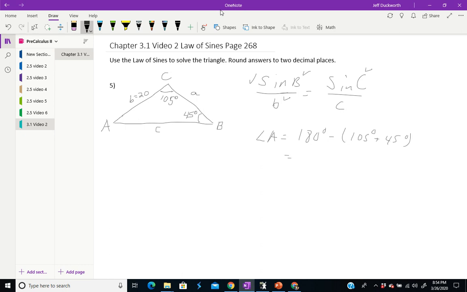So let's redo that. 180 degrees minus 105 plus 45. This adds up to 150, so that's 30 degrees. So we've got one solution already, and that's the angle of A.